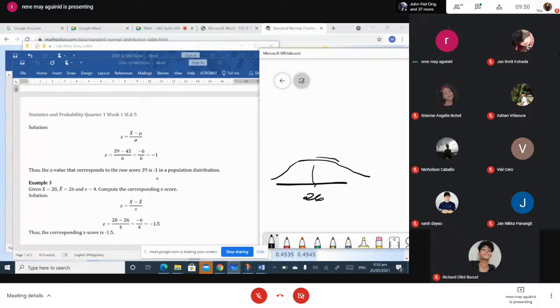So 30 sa 1, sa 2 is 34. Negative 1, diri ang 22. Sa negative 2, dito ang 18. So sa negative 1.5, sa tunga-tunga sa duha, makita diri ang 20. So, diha makita sa negative 1.5 ang score nga 20.